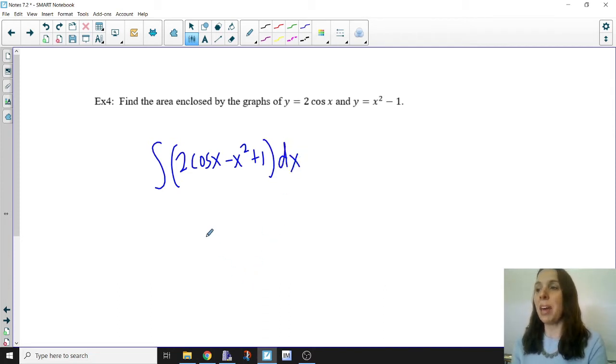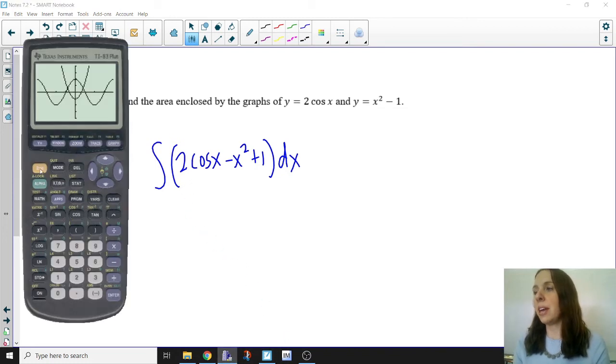So still not bad. But we need those limits of integration, which we will get from the points of intersection. And here's what I want you to see in the calculator with these. This is definitely a calculator active problem.